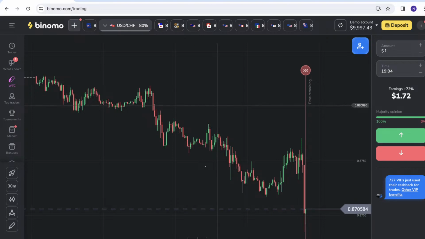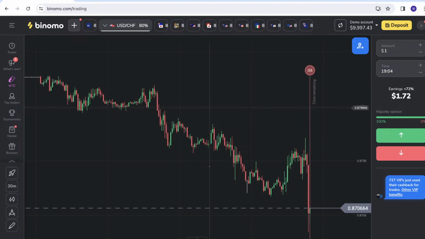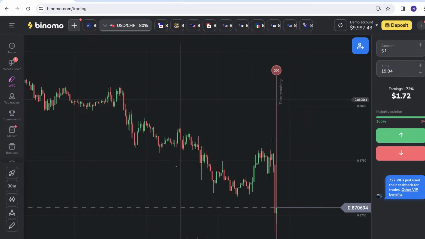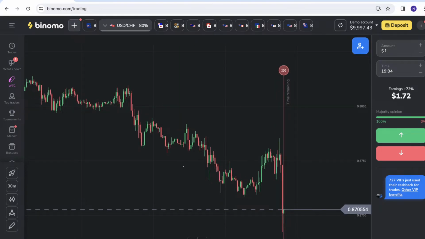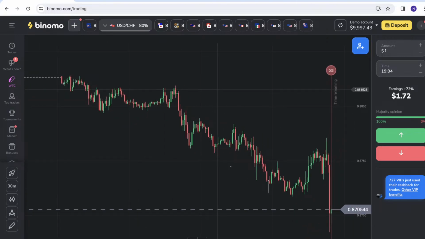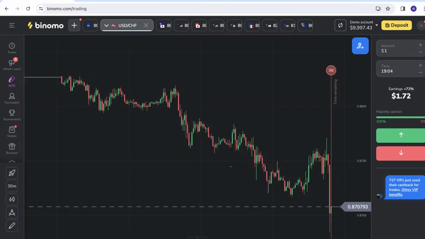We tried to draw these lines, the classical variant, manually by ourselves. But today we will use a moving average, and we will also get support and resistance lines, but we don't need to draw them manually.